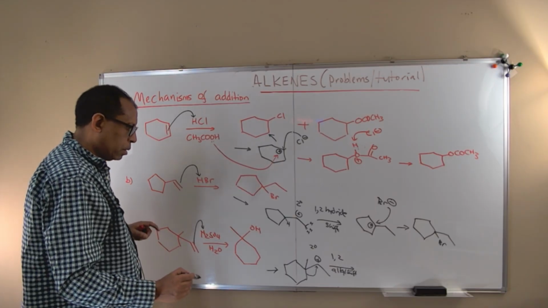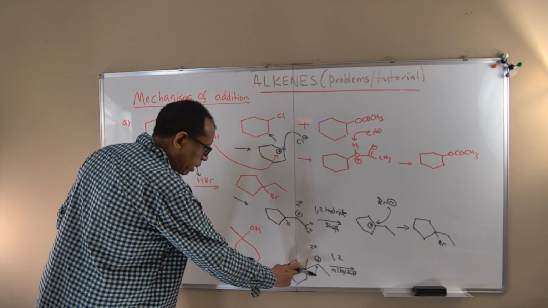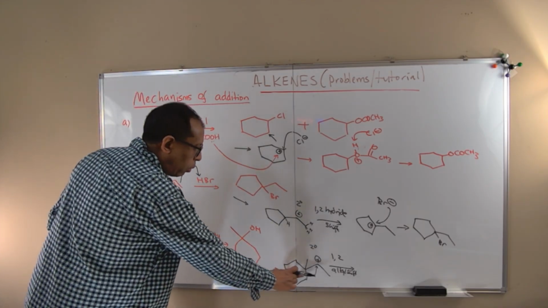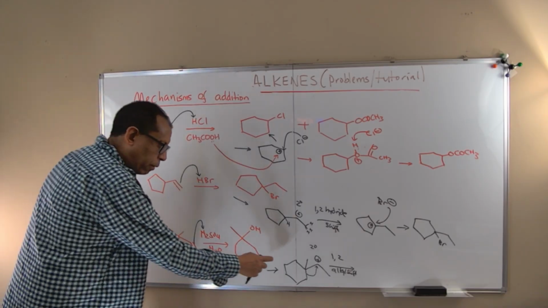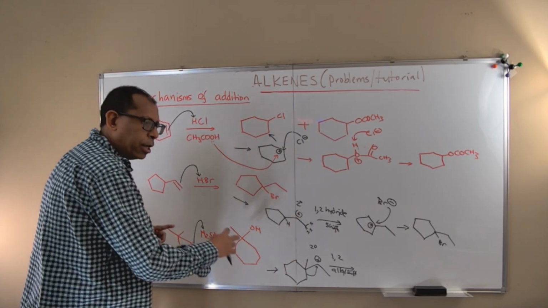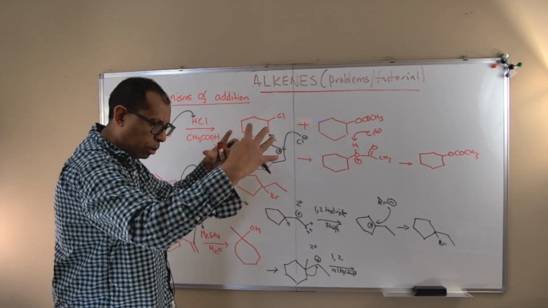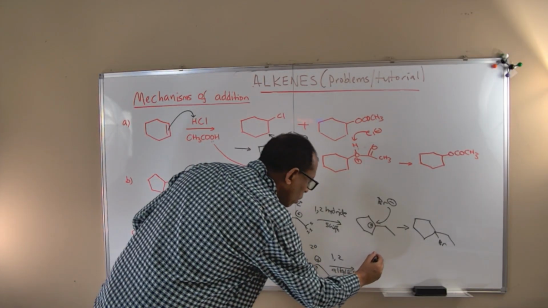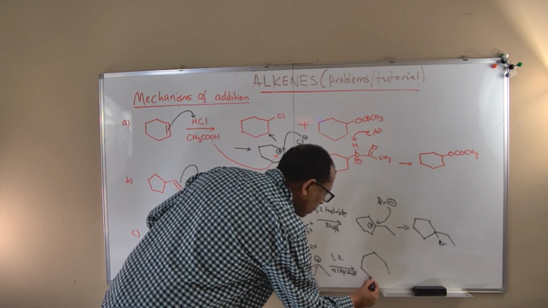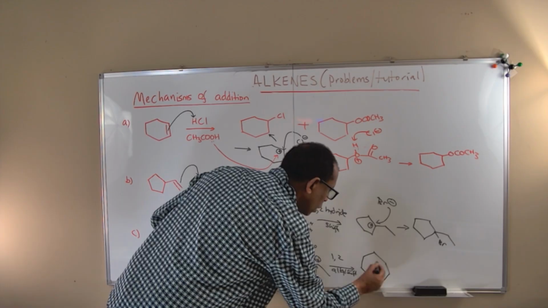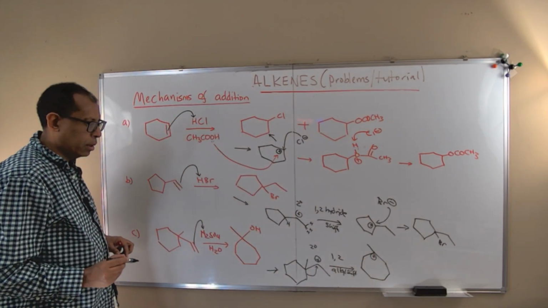So what happens is the ring expanded and a carbocation formed right there, and this whole thing expanded to a 7-member ring. From a 6-member ring, the alkyl shift resulted in a 7-member ring. So I have this, and here is where the carbocation is.